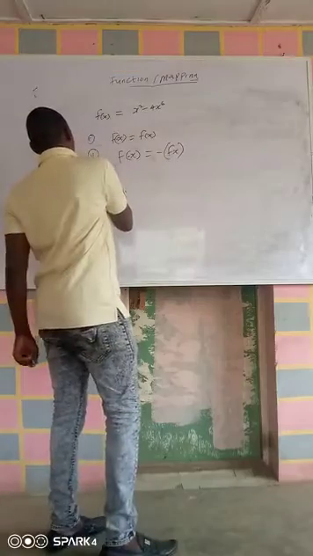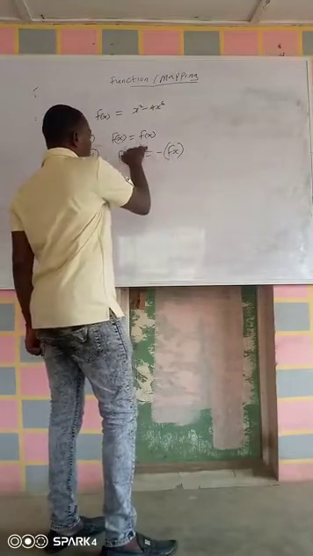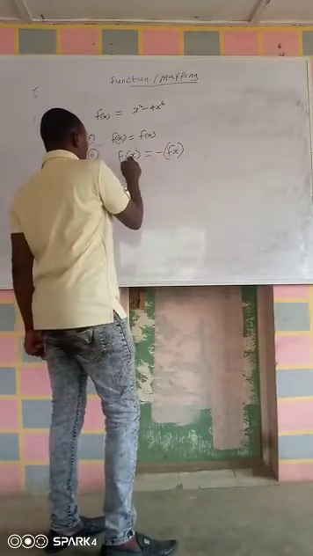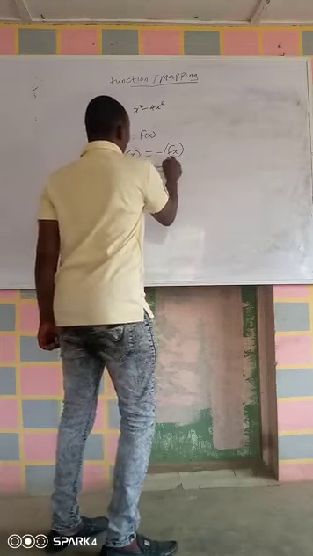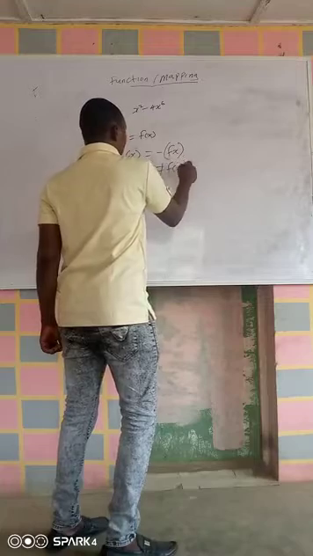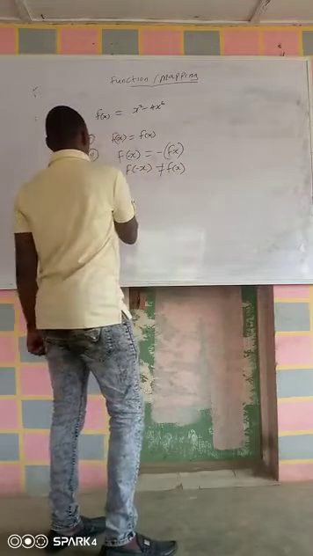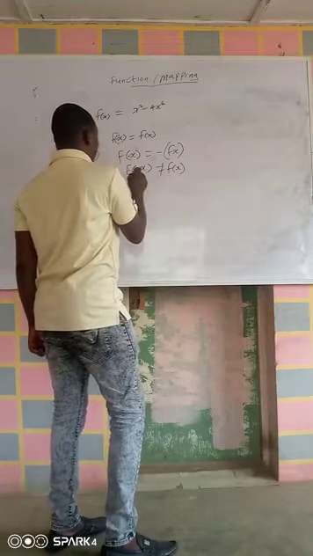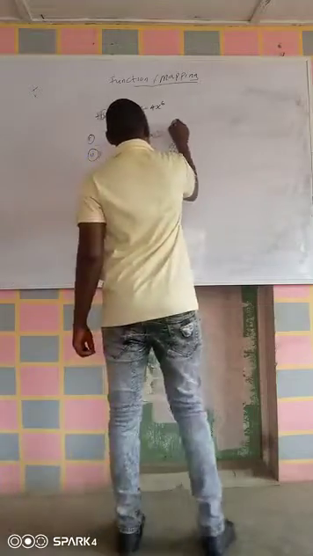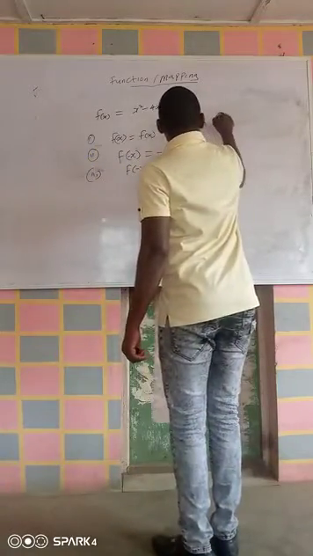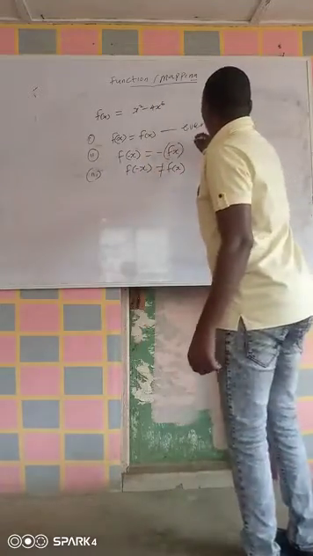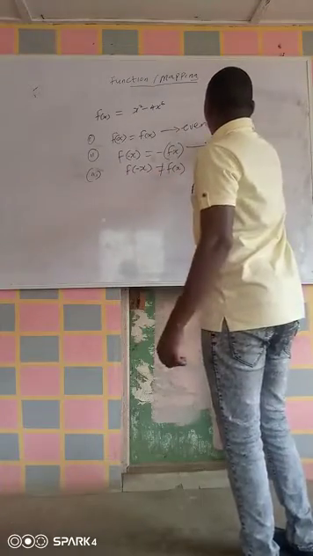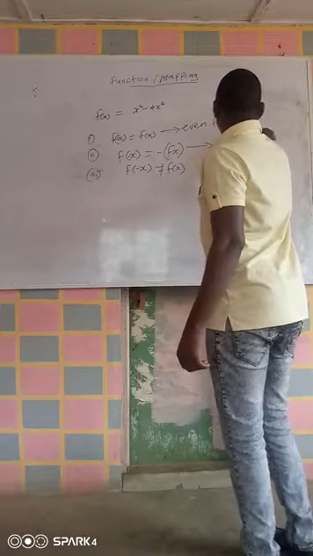Okay, neither means that it does not belong to any of these conditions. That means f of minus x is not equal to f of x. Also, this condition is for even function. This one is odd function.